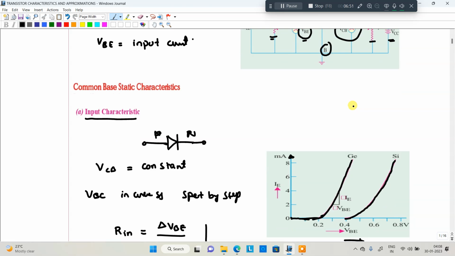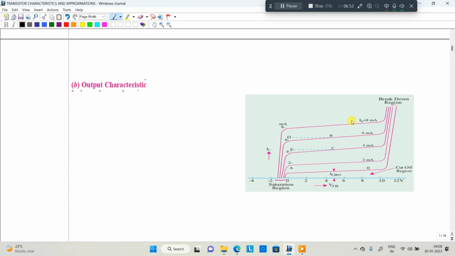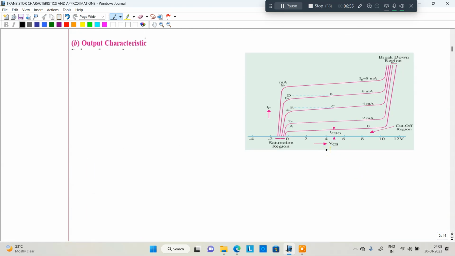So the output characteristics are drawn between VCB versus IC, the collector current. But which parameter is constant here? The input current. So the emitter current is constant. That is important. If the emitter current is constant, then you can plot the graph between VCB and IC, and we will get the output characteristics.